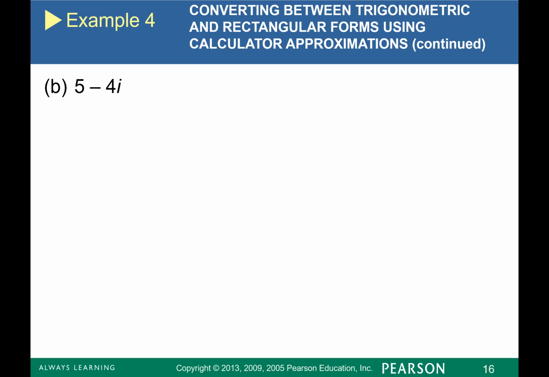So that would mean that's going to go right 5 and down 4. It's a pretty big old thing. It's going down 4 and it's going right 5.